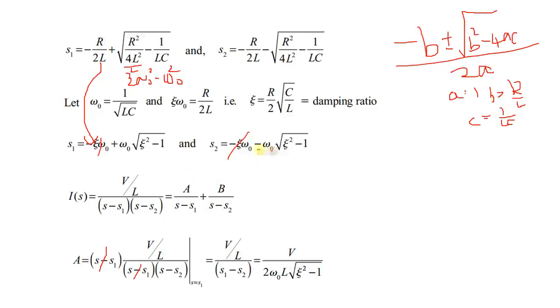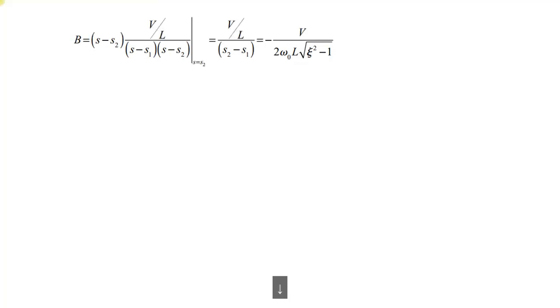And minus of minus is taken as plus, so therefore omega naught into square root of zeta square minus 1 is present, and this v by l is also present here. So this is the value of a. Similarly, you should find the value of b. Here s is replaced by s2, so that these two terms will cancel each other, and s2 minus s1 is present. So substitute the values of s1 and s2, and this is the resultant value.